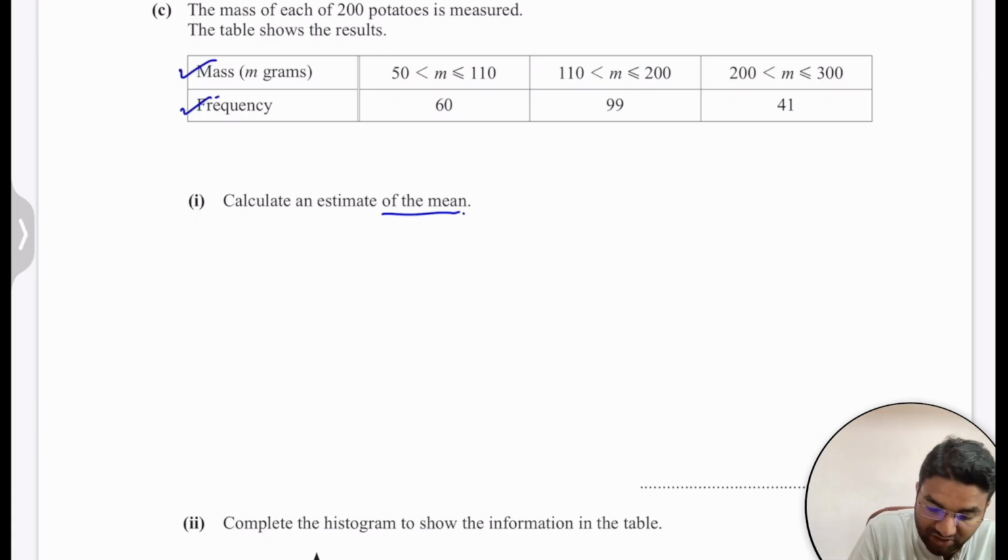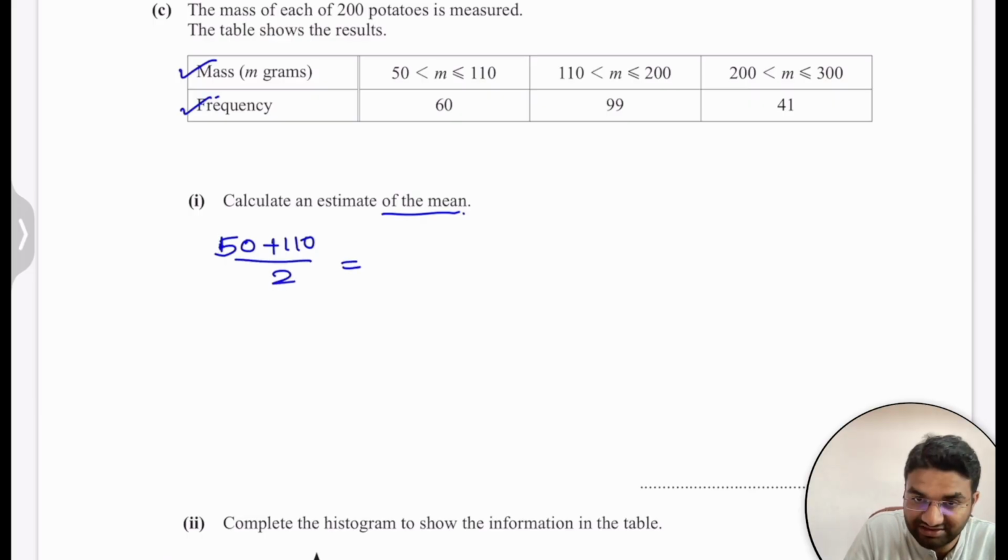So for the mean, it's basically 50 plus 110 divided by 2, which is 160 divided by 2, which is equal to 80, and 80 times the frequency. You have to go on adding all these values.